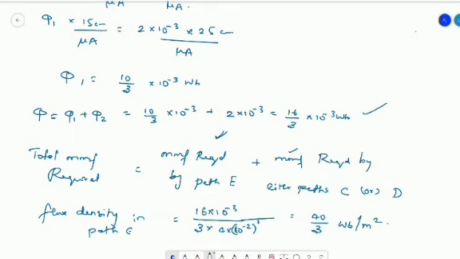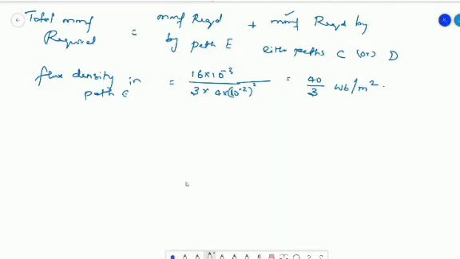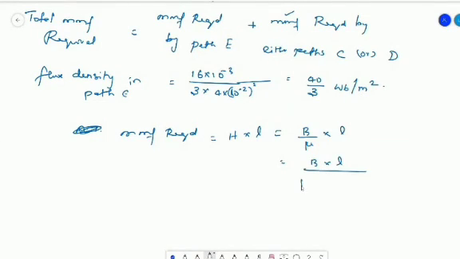So if this is the flux density, so the ampere turns, or you can write the EMF required will be nothing but H into L, and I know this H to be B divided by mu into L. So therefore it is B into L divided by mu 0 mu R. So B we have just obtained to be 40 by 3, and L is how much? 25 centimeter, which is nothing but 0.25 meter.